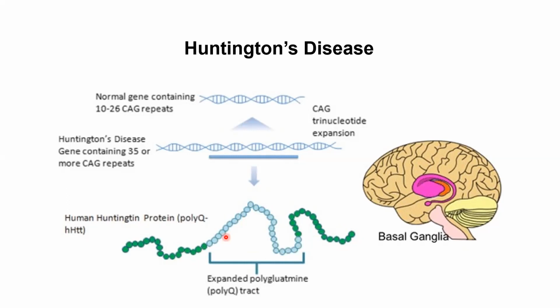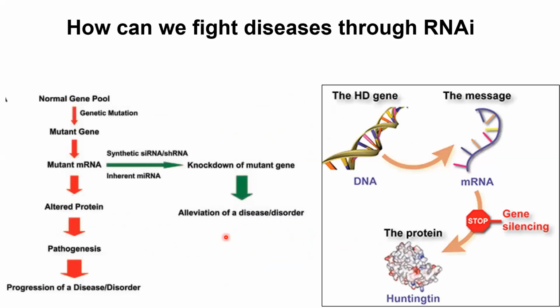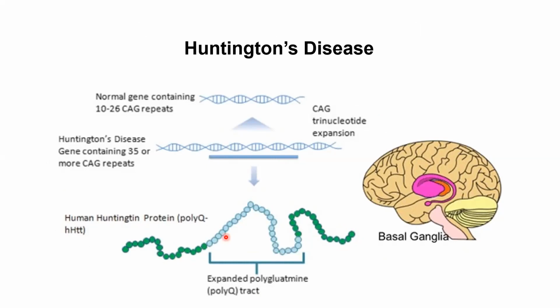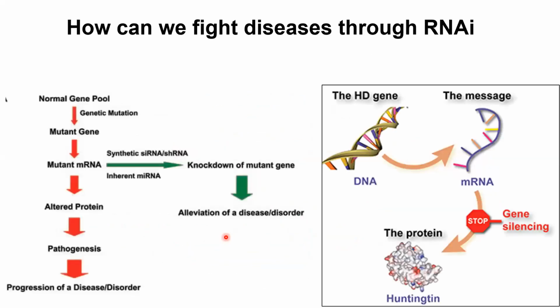It will be a polyQ tract. It will not be as the native protein is, and this is the reason why, or how, it is caused. How do we fight diseases, for example, Huntington disease, through RNAi or siRNA molecules?